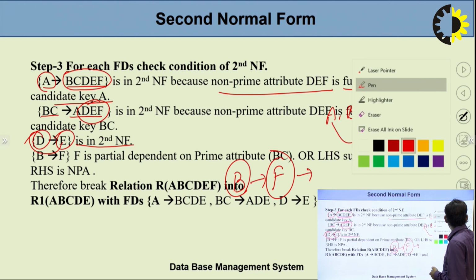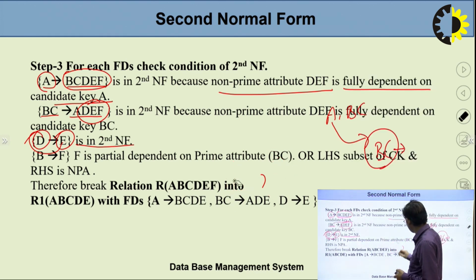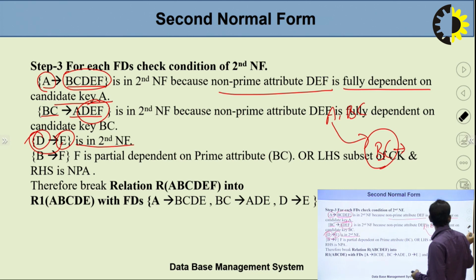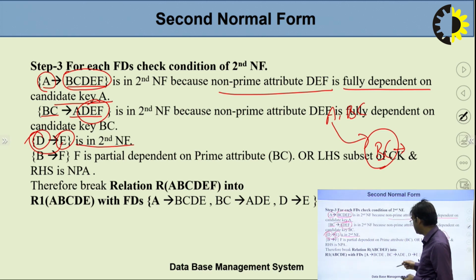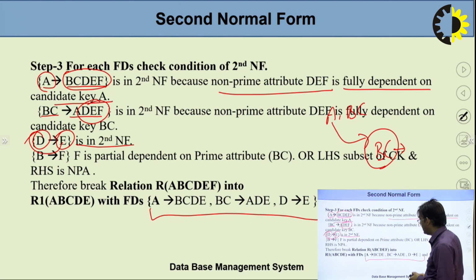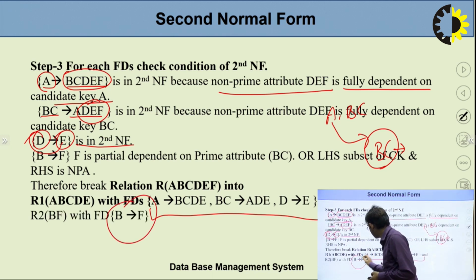The relation B tends to F, which violated the property of second normal form, must be separated. So we break the relation into two parts: R1 contains these FDs, and R2 will contain B tends to F. That is all about the second normal form. Thank you for watching it.